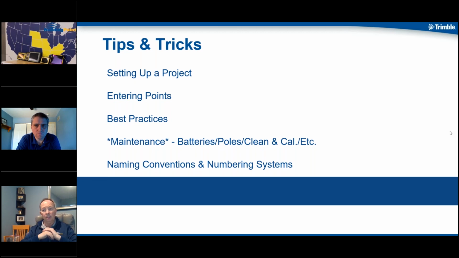Maintenance, we really like to stress maintenance along the lines of that instrument. It's going to take some beating, a little bit of licks every now and then. We encourage you at least once a year to go out and get that thing cleaned and calibrated on the bench at a service dealer, okay? We can always do a field calibration. We can always walk you through that process. It's a 2 or 3 minute process. Some of our customers will do that once a week.